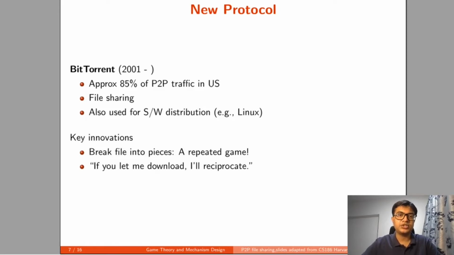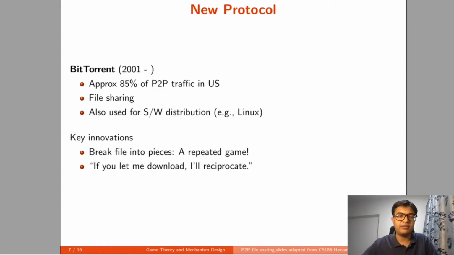Now, what is the difference between BitTorrent and its predecessors? The key innovation that BitTorrent has brought in is to break the large file into smaller pieces. The advantage is that you can now pretend as if this is a repeated game. Instead of giving the whole file in one go, you divide a large file, let's say into 100 or 1,000 pieces, and it becomes a 100 or 1,000 round repeated game.